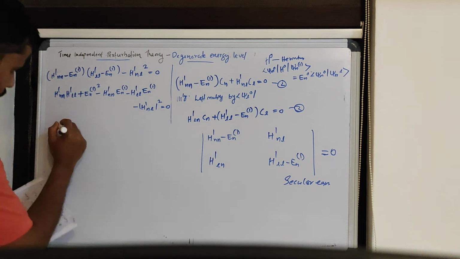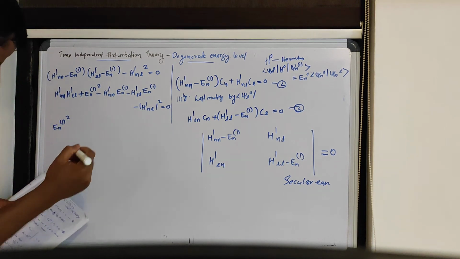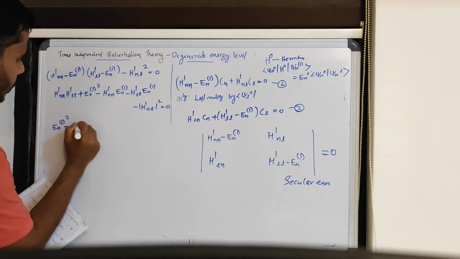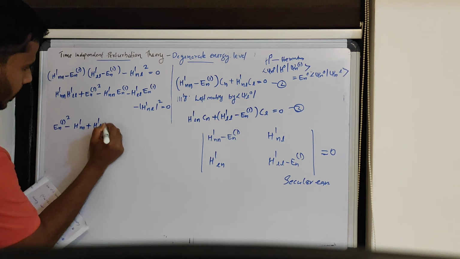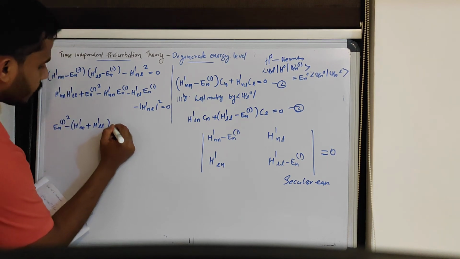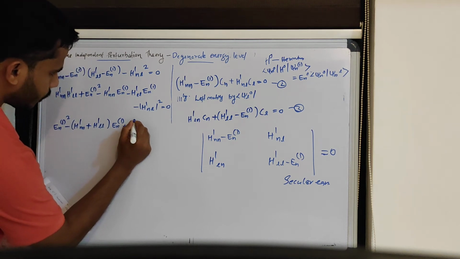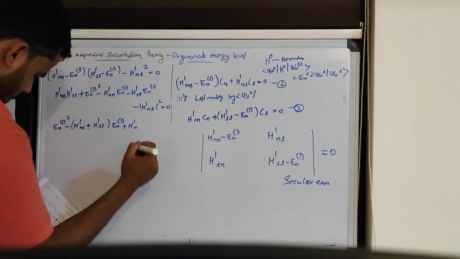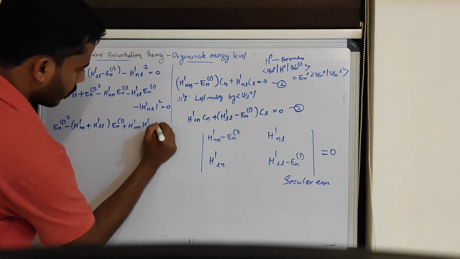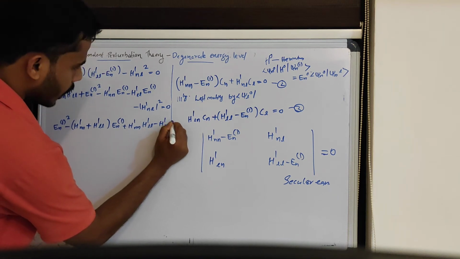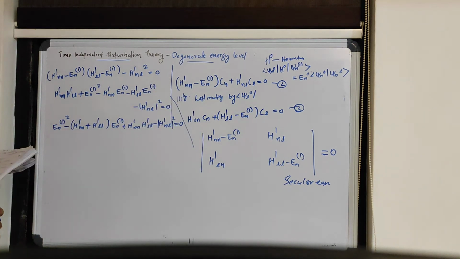And just rearranging this equation, I can recognize it in this form: En1 square minus h prime nn plus h prime ll into En1 plus h prime nn h prime ll minus h prime nl mod square is equal to 0.